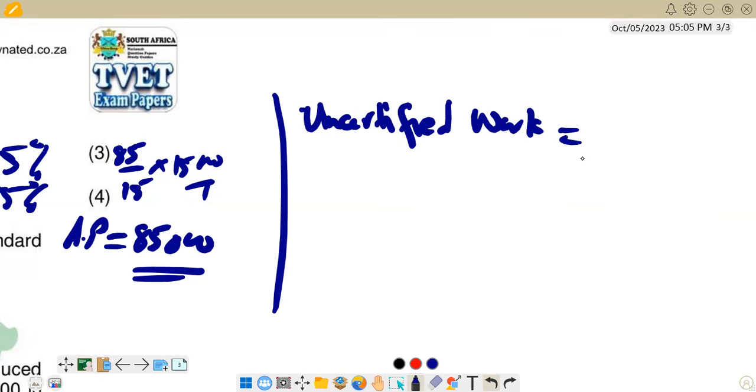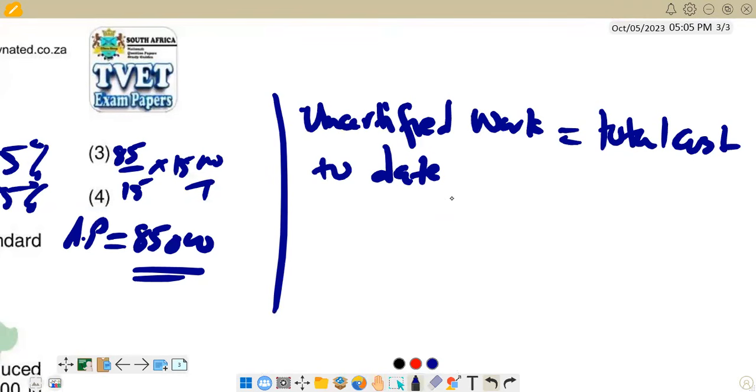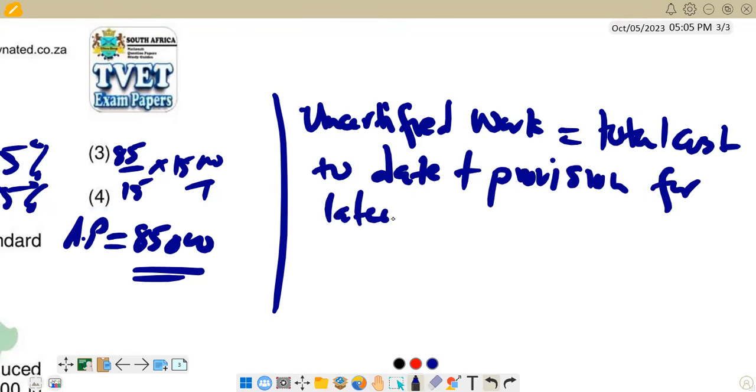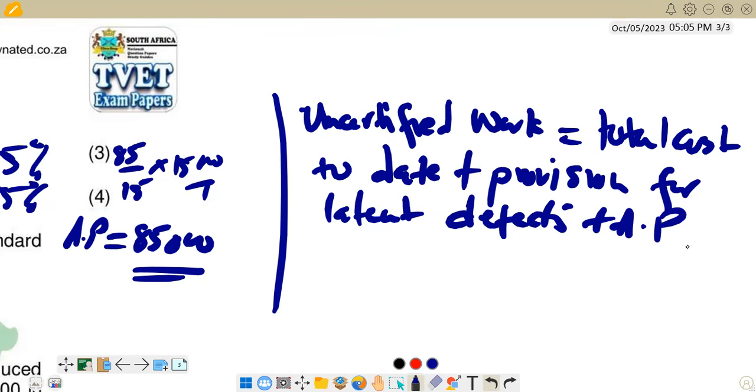Uncertified wage is equal to total cost to date, and then we add provision for latent defects. We also add adjusted profits, and then we less certified work.